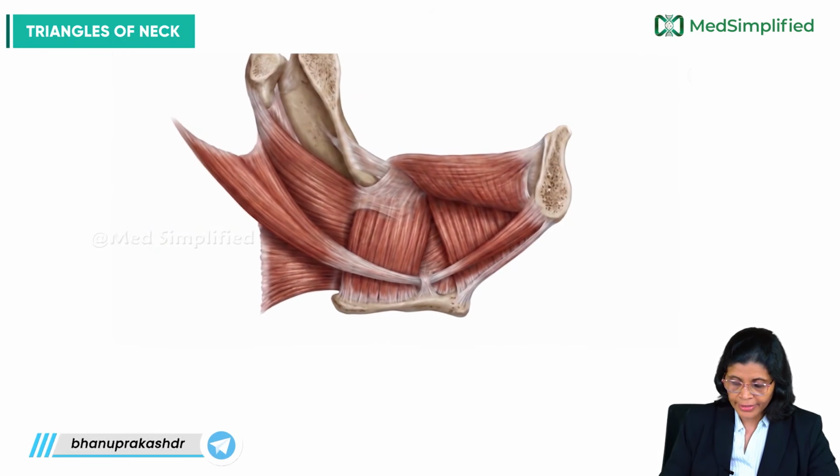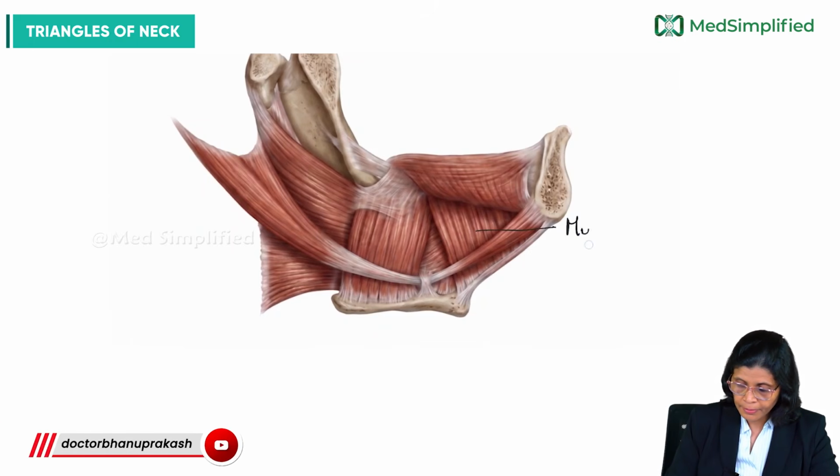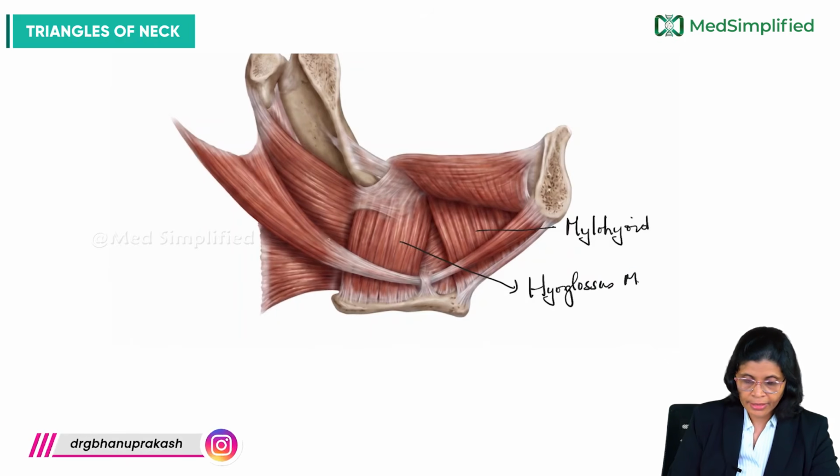The floor of the triangle here is formed by the mylohyoid muscle. Then we have the hyoglossus muscle as well as a small part of the middle constrictor muscle.